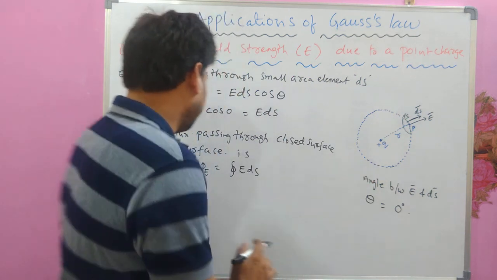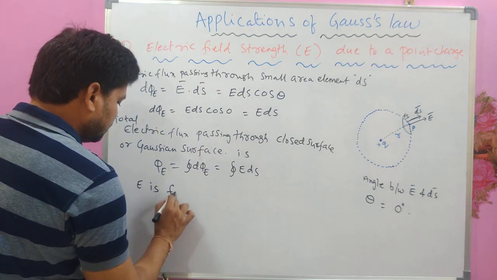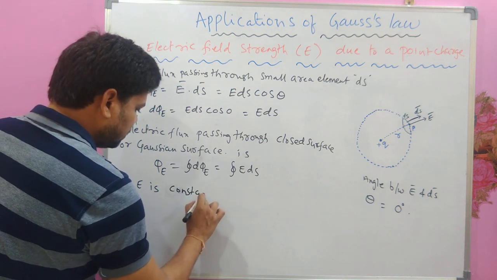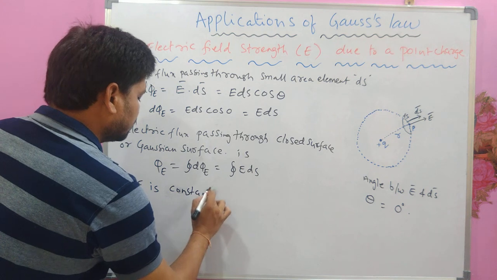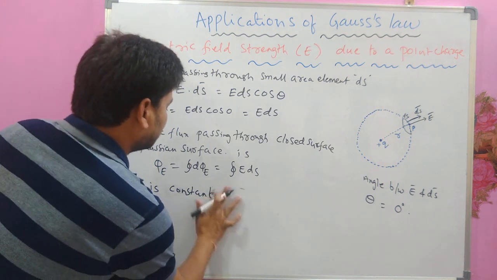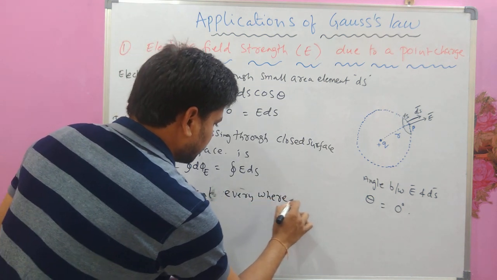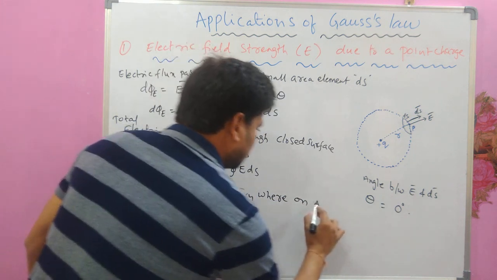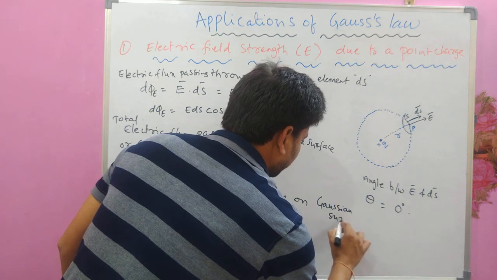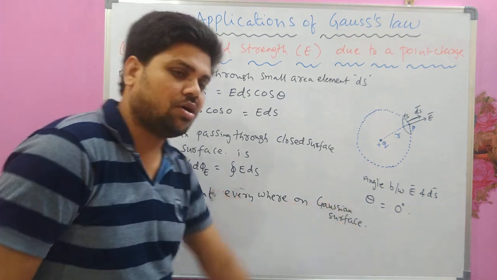So everywhere the electric field is constant. The electric field is constant everywhere on the Gaussian surface.